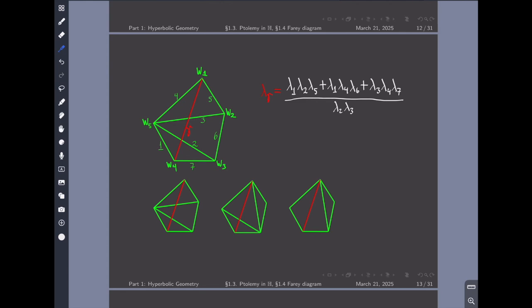And then a priori very ugly rational functions start appearing in the numerator and in the denominator.